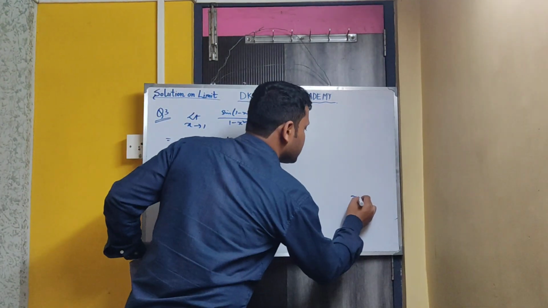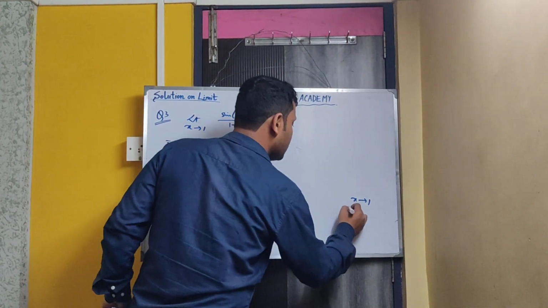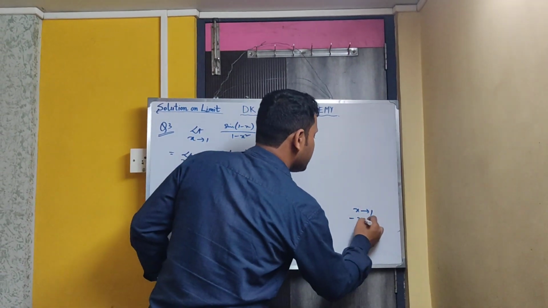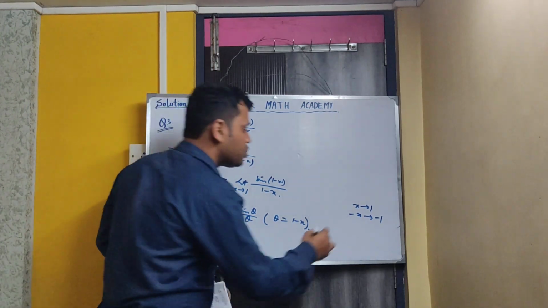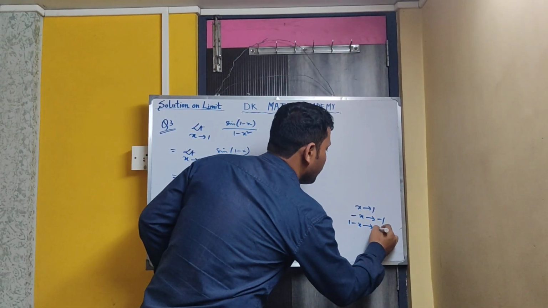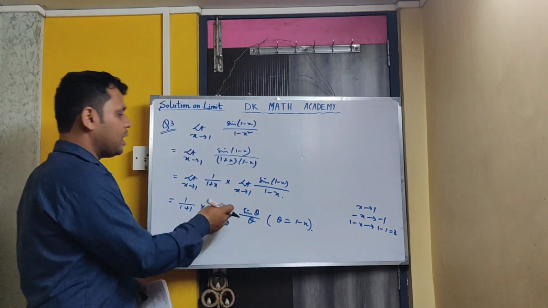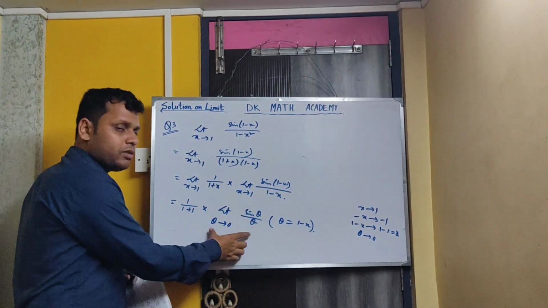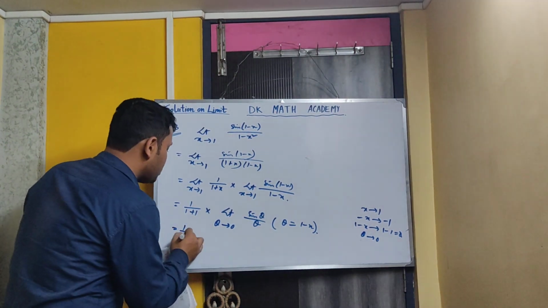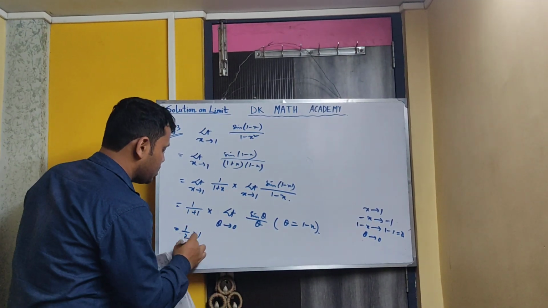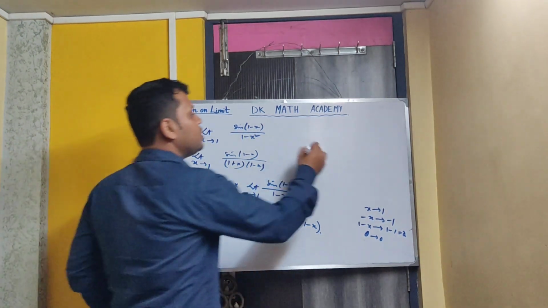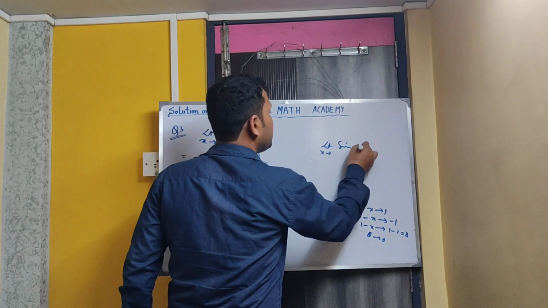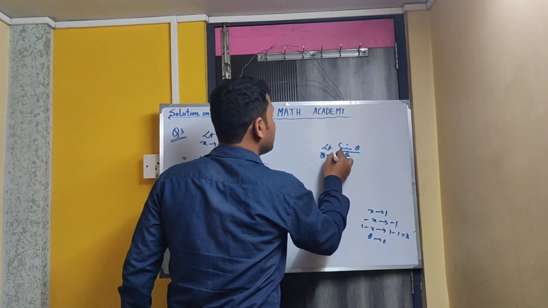Actually, x tends to 1 means minus x tends to minus 1, and so 1 minus x tends to 1 minus 1, that means 0. So 1 minus x, that is theta, tends to 0. This limiting value is 1, so this is half into 1, so half. As we know, limit of sin theta by theta, as theta tends to 0, is 1.